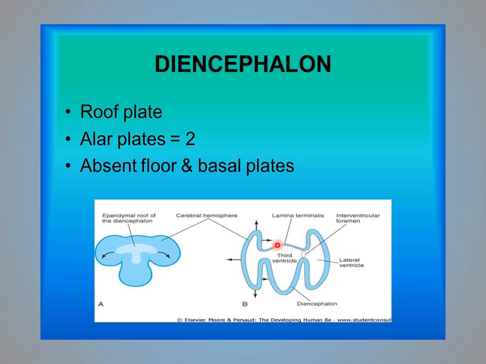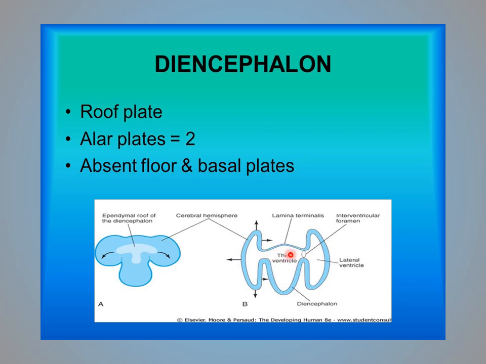The diencephalon, which is a median swelling, has lateral walls that thicken and give rise to the alar plates. So it consists of two alar plates, one on each side. The roof of the diencephalon, because of the developing cerebral hemispheres and their lateral outgrowths, becomes thinned out and forms the lamina terminalis.